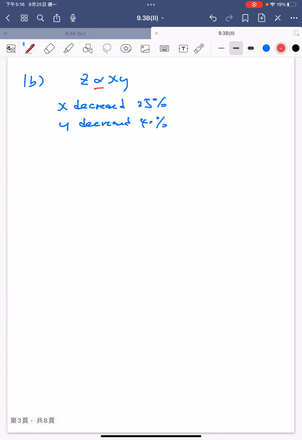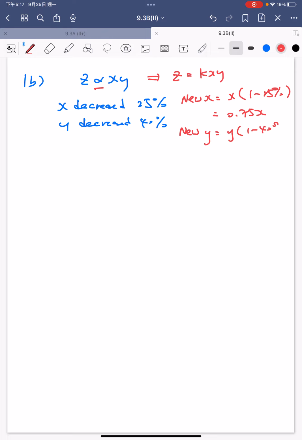So now we can do question 1b. Again, z is proportional to xy, which means z is equal to kxy. x is decreased by 25%, so our new x is x times 1 minus 25%, which is 0.75x, and our new y is decreased by 40%, so it's y times 1 minus 40%, which gives 0.6y. Now the new z is equal to k times new x times new y.